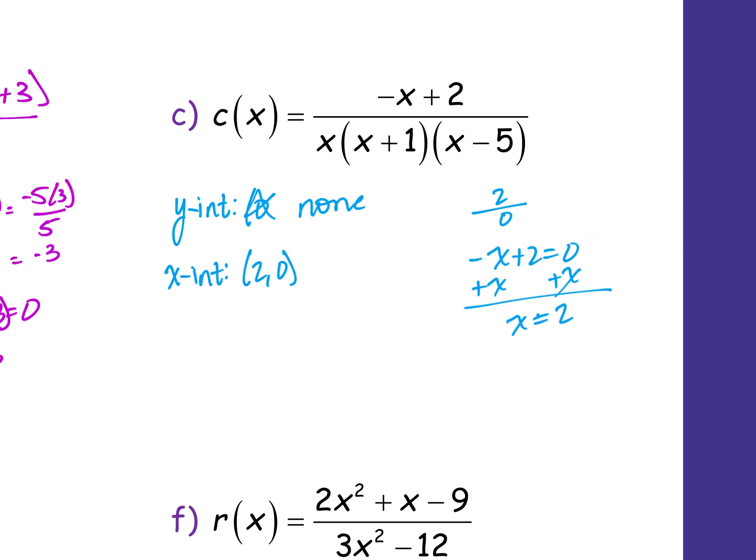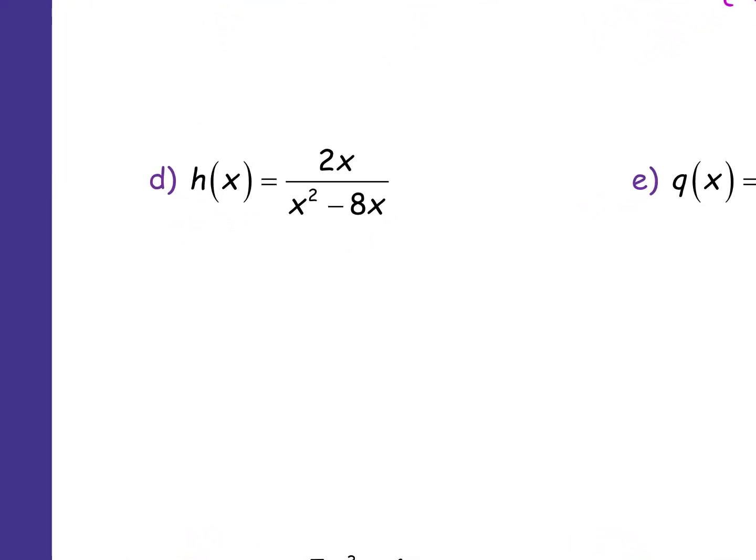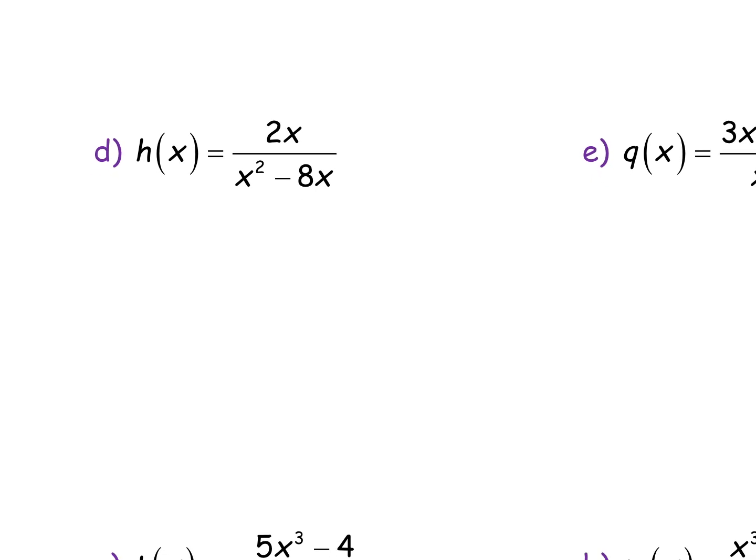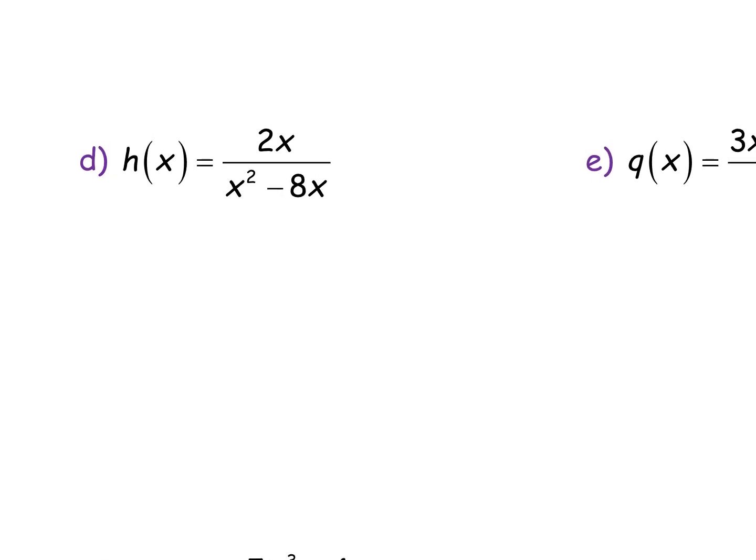All right. Getting a little bit harder because we're getting some more complicated equations now. So I'm going to get 2x all over x minus 8. The x's go away, so I get 2 over x minus 8. Okay, y-intercept.